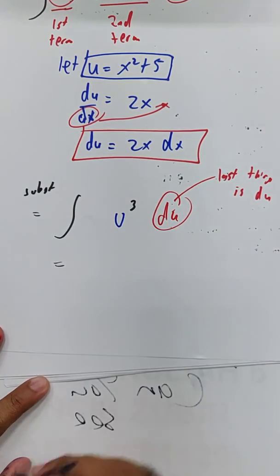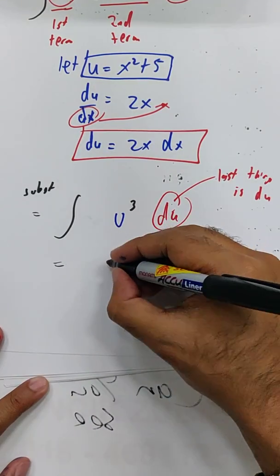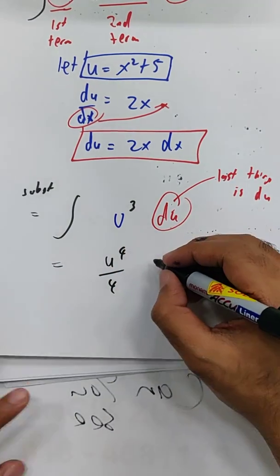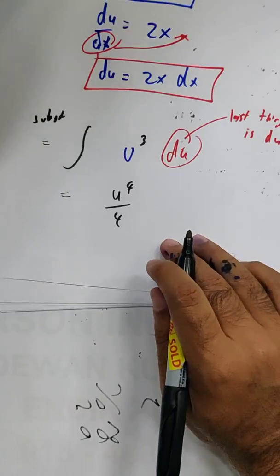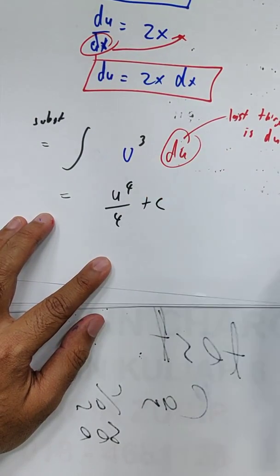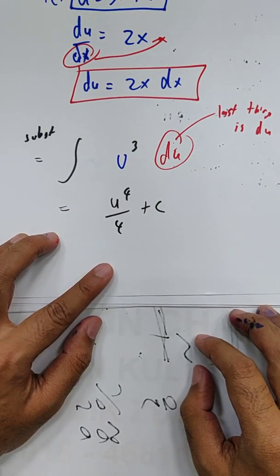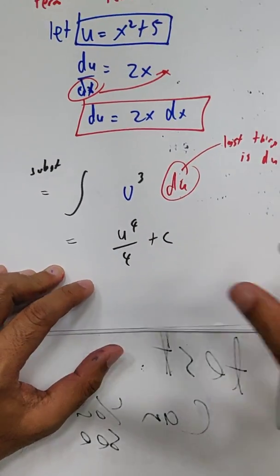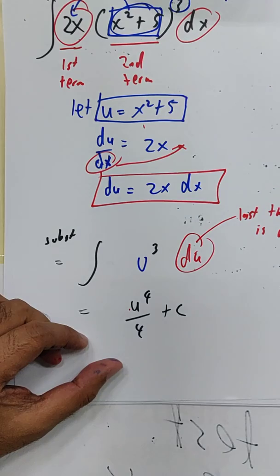So integrating u cubed, what do you get? u to the 4 over 4 plus c. Should I leave my answer this way? You should not. Remember your u is x squared plus 5.